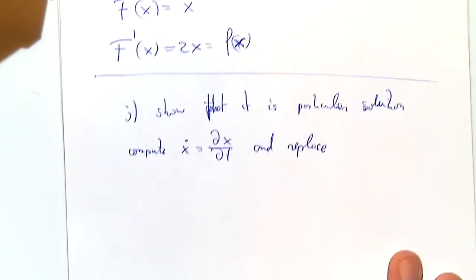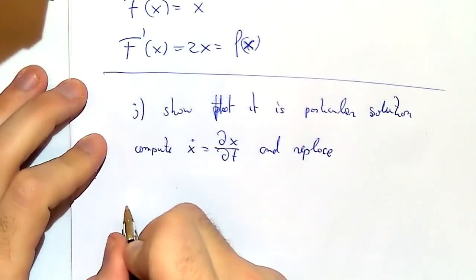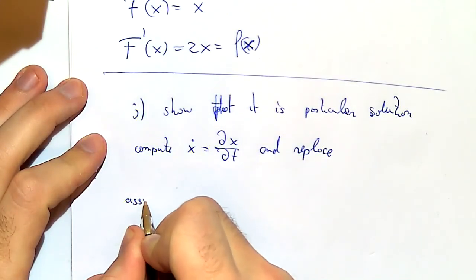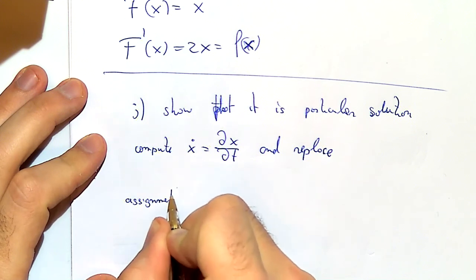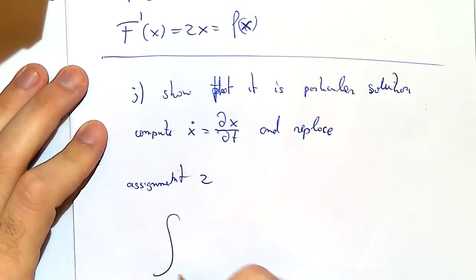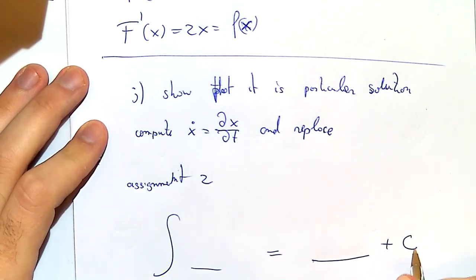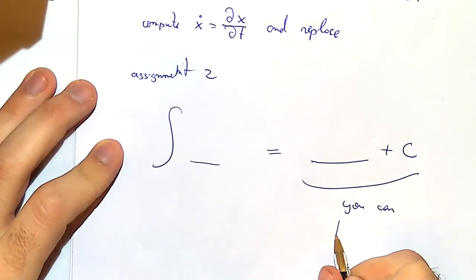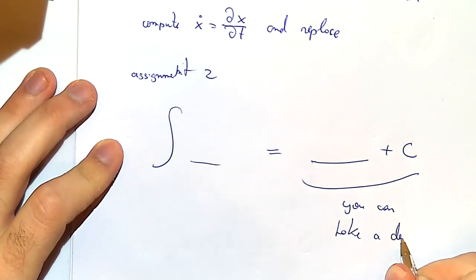In assignment 2, you had the integral of something has to be equal to this, plus a constant. You can take a derivative of this.